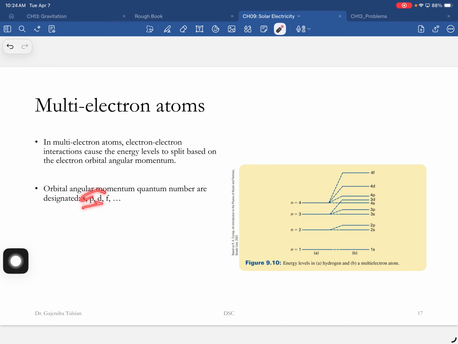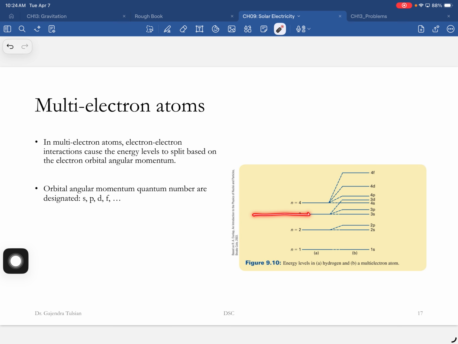See the n equal to 4 level: it has four sublevels, S, P, D, and F, and the 4F levels have the highest energy. All right, so that's the structure of the atom.